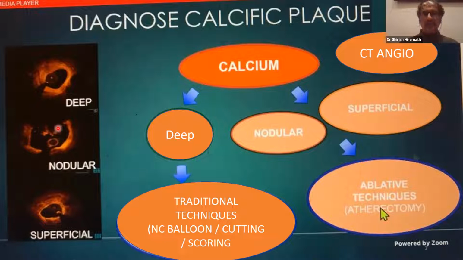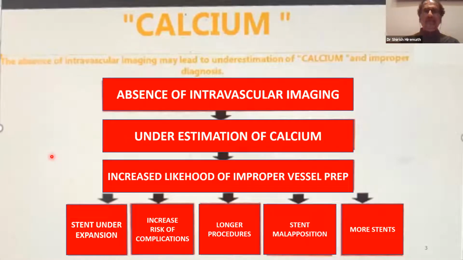These are the most difficult to address, and we still don't have a 100% solution. In fact, a few angioplasters coming together will always debate on what is best for nodular calcification. So we are going to see how to diagnose and how to treat these.